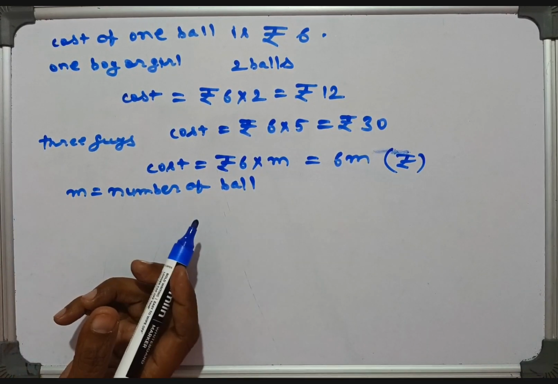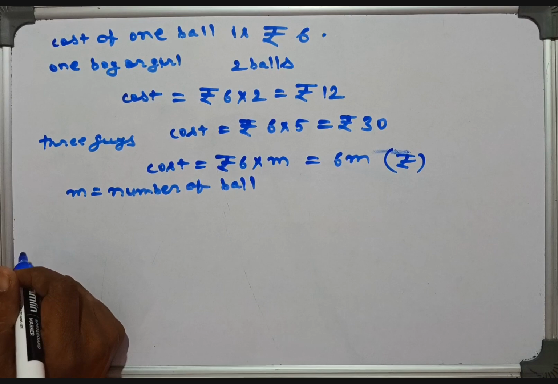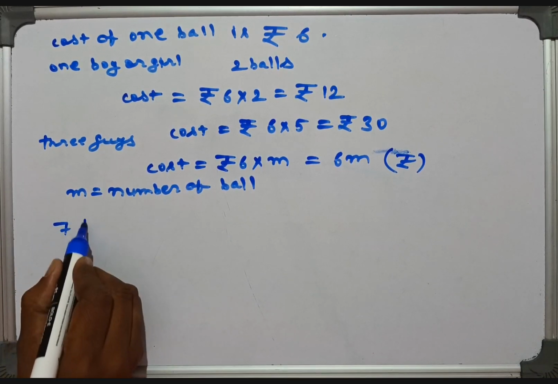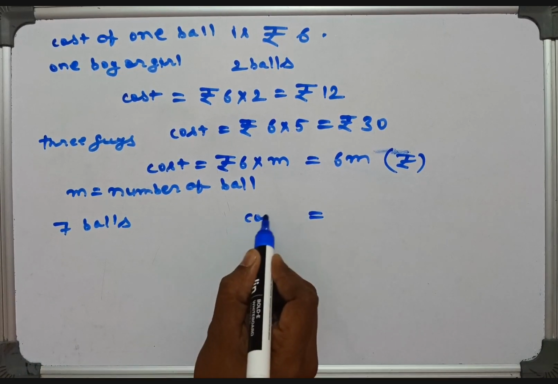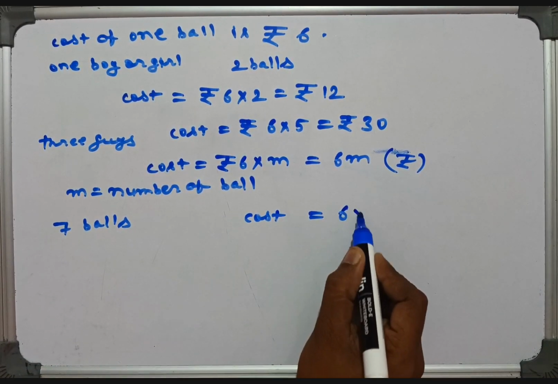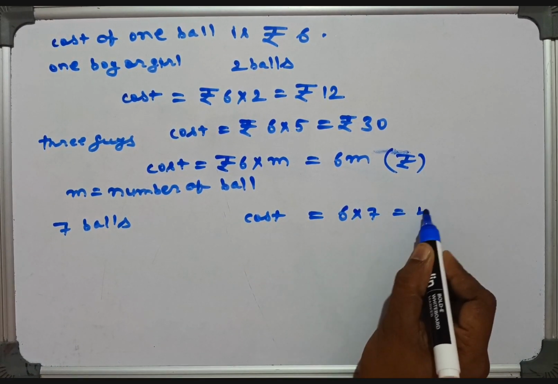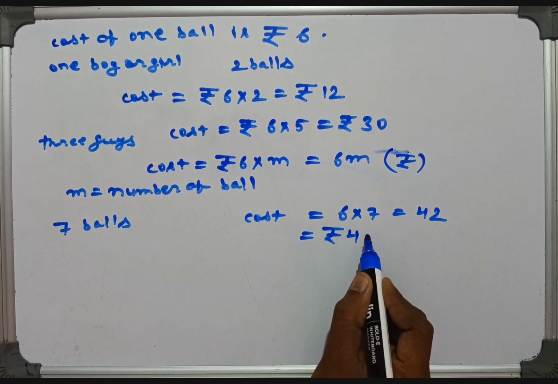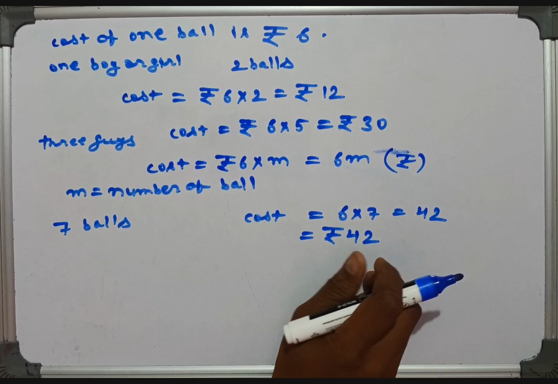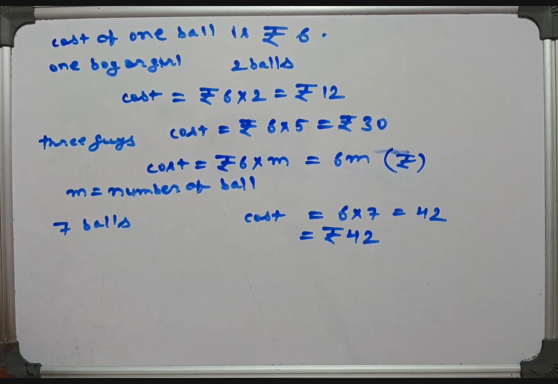Suppose one guy goes to the shop and says I need 7 balls. Simply the shopkeeper will say 6 into 7 is 42, so you have to pay me 42 rupees. So in this way algebra works in the formation of a formula.